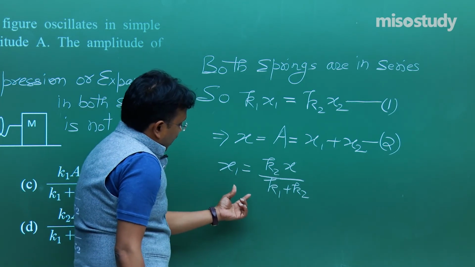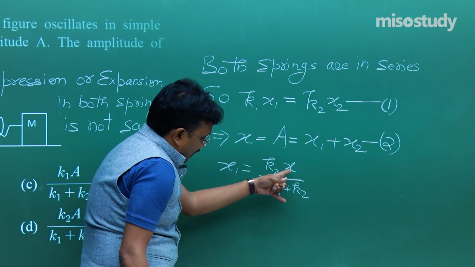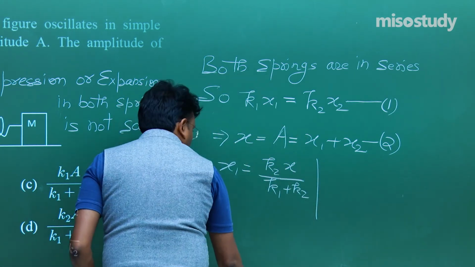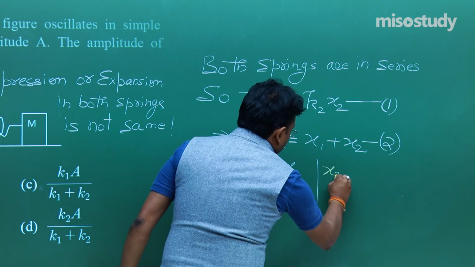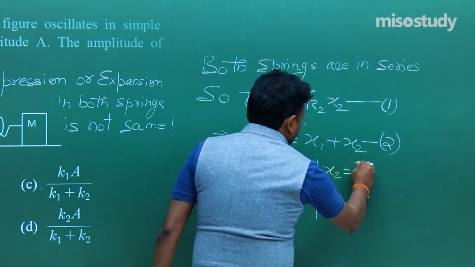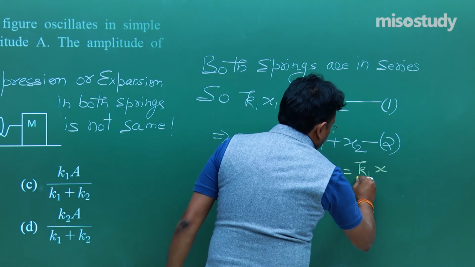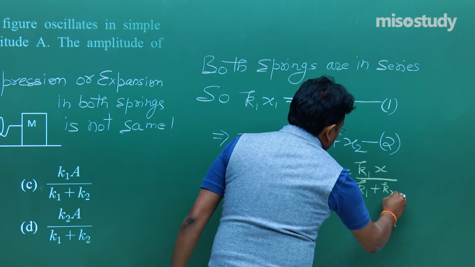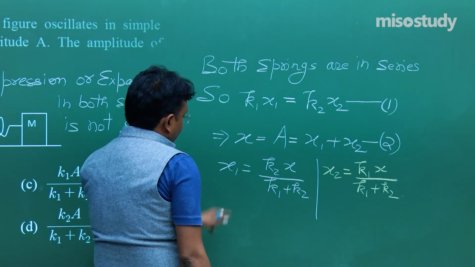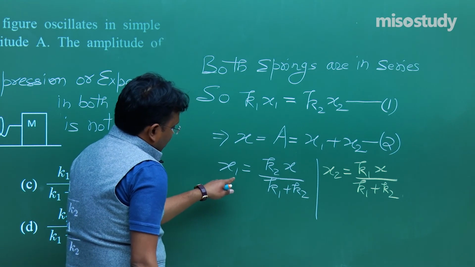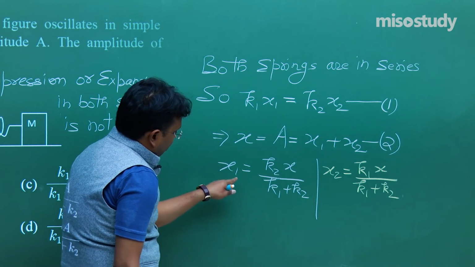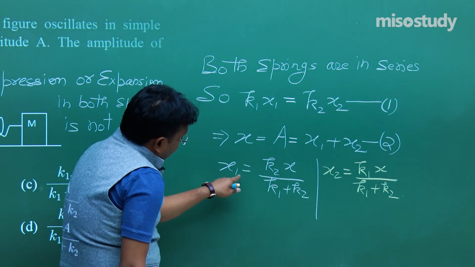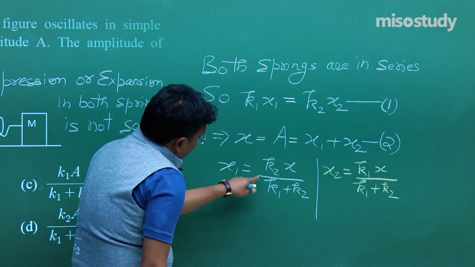And similarly x2 is equal to K1x upon K1 plus K2. So now, after getting the proper understanding of these two terms, the amplitude of point P is how much?